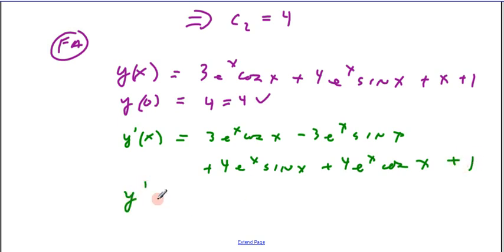Y prime at 0 is supposed to be 8. Okay, there's 4. That's a 0. That's 3. 3, that's a 0. That's a 0. That's a 4. That's a 1 is equal to 8. Check. It works.